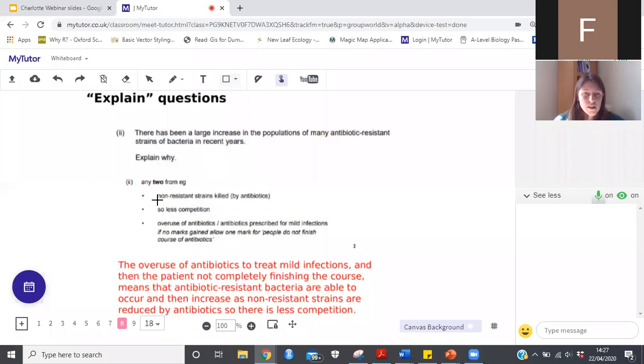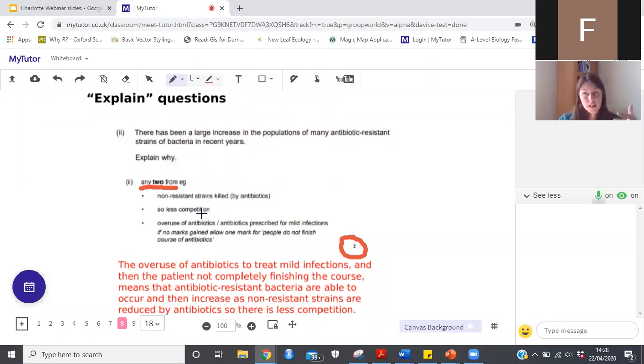So here they've put 3 bullet points and you needed 2. Let's underline that. So you can have any 2 from. For example, non-resistant strains are killed by antibiotics, as they should be. That's what we use antibiotics for. So there's less competition.